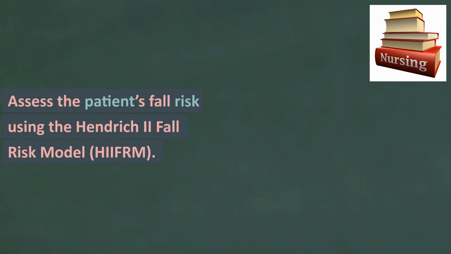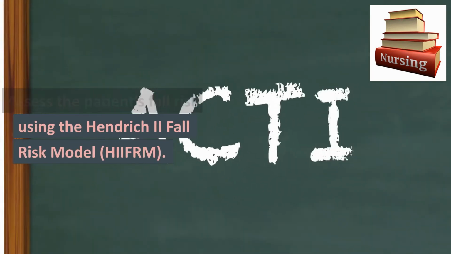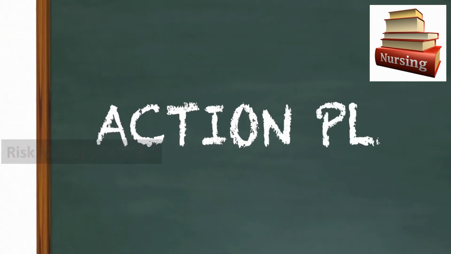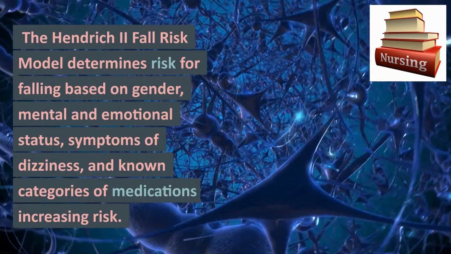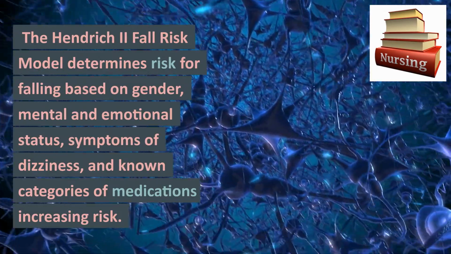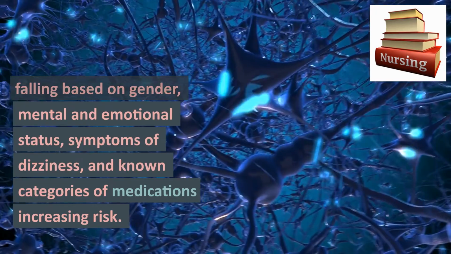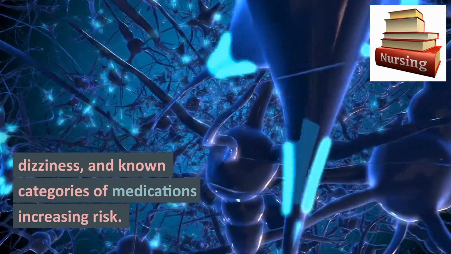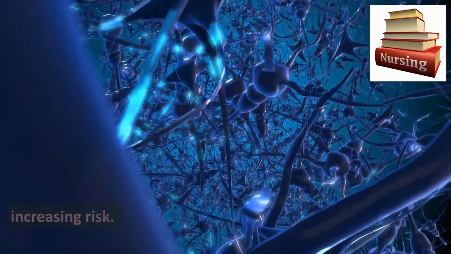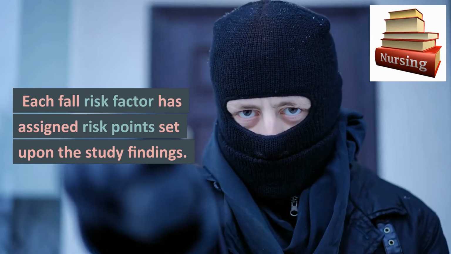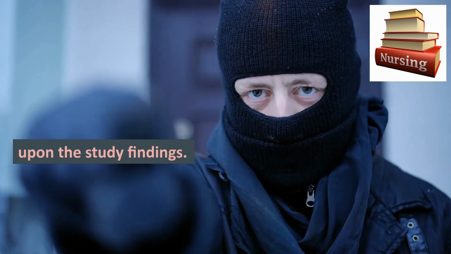3. Assess the patient's fall risk using the Hendrich II Fall Risk Model, HIFRM. The Hendrich II Fall Risk Model determines risk for falling based on gender, mental and emotional status, symptoms of dizziness, and known categories of medications increasing risk. Each fall risk factor has assigned risk points set upon the study findings.